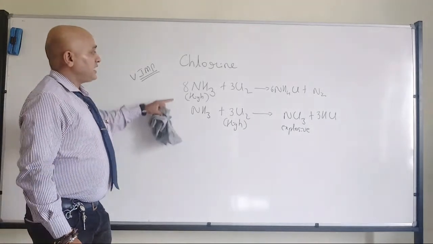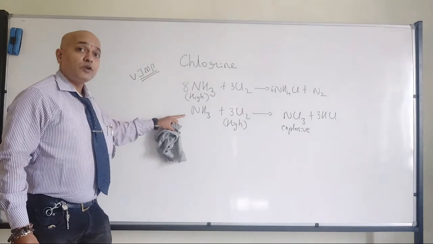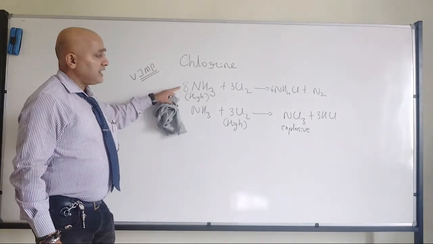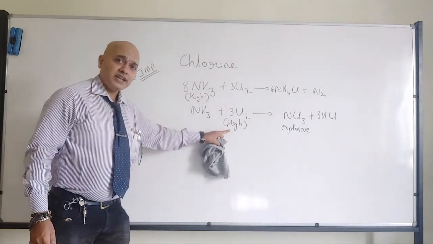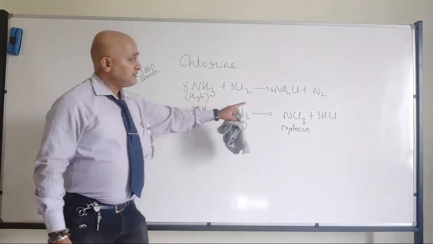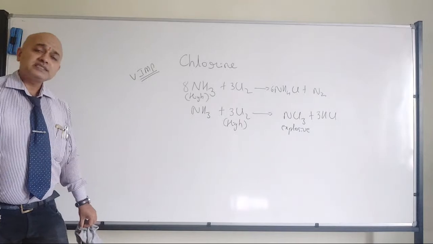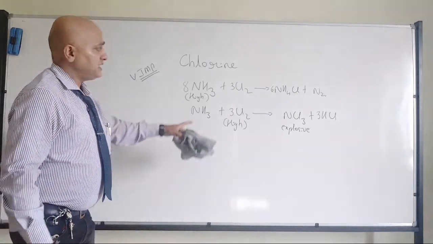Right? So therefore I told you this is with high concentration of ammonia, and this is with low concentration of ammonia. Or you can say this is with high concentration of ammonia, this is with high concentration of chlorine. Anything is fine. So we have two different reactions based on the concentration of ammonia and chlorine. It is a bit important.